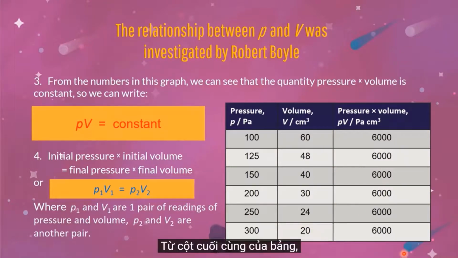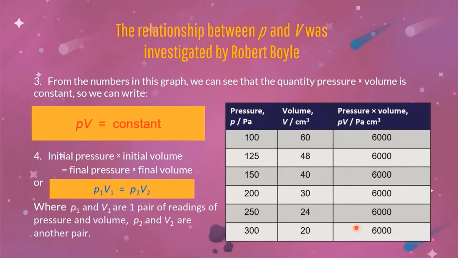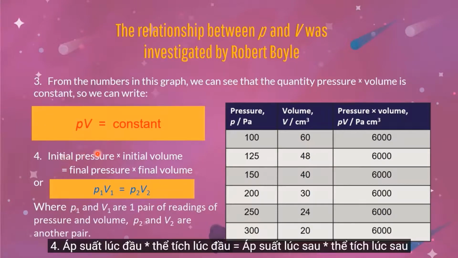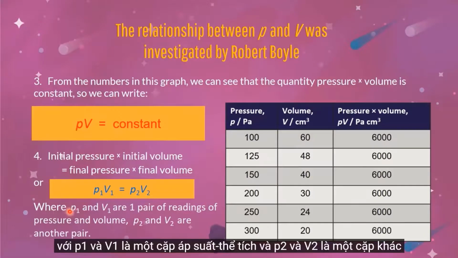From the last column in the table, we can see that the quantity pressure times the volume is constant. So we can write P times V is equal to constant. Number four, initial pressure times initial volume is equal to final pressure times final volume, where P1 and V1 are one pair of values of pressure and volume, and P2 and V2 are another pair.